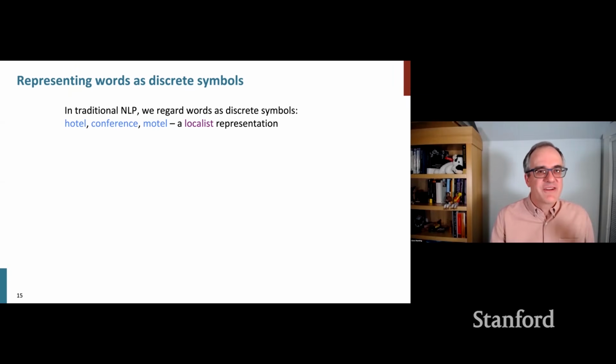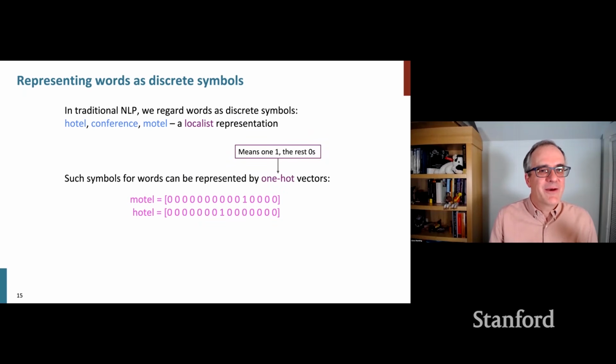Okay, so what's the problem with a lot of traditional NLP? Well, the problem with a lot of traditional NLP is that words are regarded as discrete symbols. So we have symbols like hotel, conference, motel, our words, which in deep learning speak, we refer to as a localist representation. And that's because in statistical or machine learning systems, if you want to represent these symbols, each of them is a separate thing.